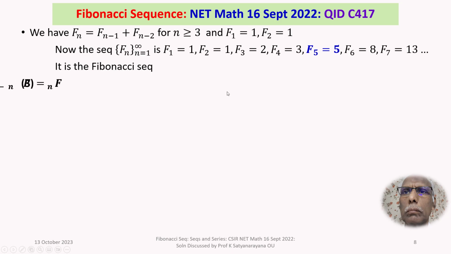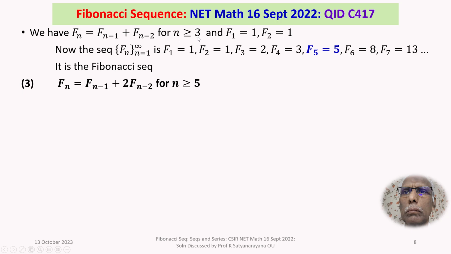And now let's consider option 3. F of n is equal to f of n minus 1 plus 2 times f of n minus 2 for n greater than or equal to 5. Is it true? That's the question. The Fibonacci rule is valid for n greater than or equal to 3, therefore it is also valid for n greater than or equal to 5.